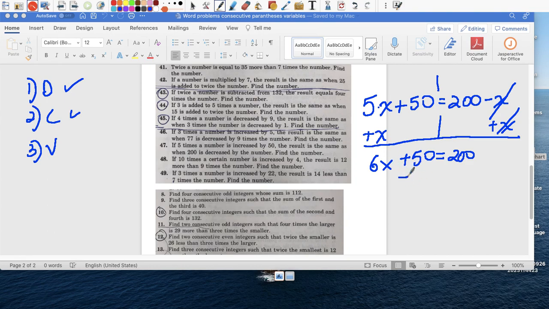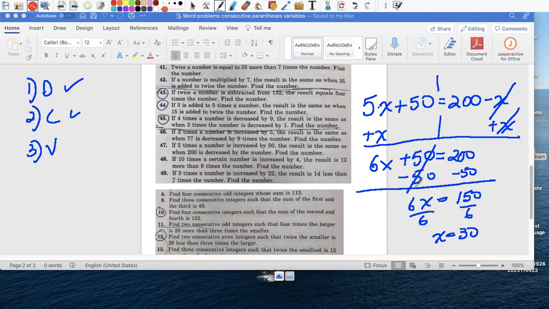I'm going to subtract both sides by 50, right? And then I get 200 minus 50 is 150. These two go away because they become 0, and I get left with 6x. Divide both sides by 6, and x equals 30. And that's the answer to my problem here.